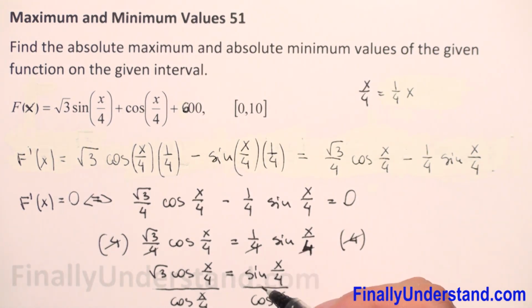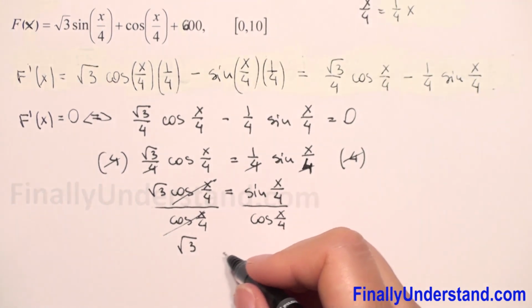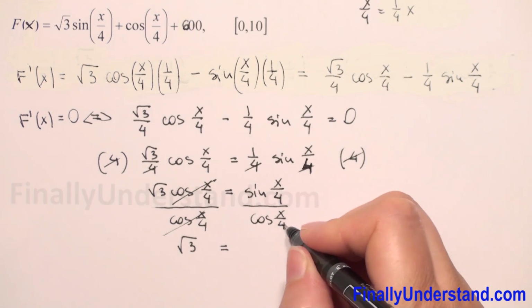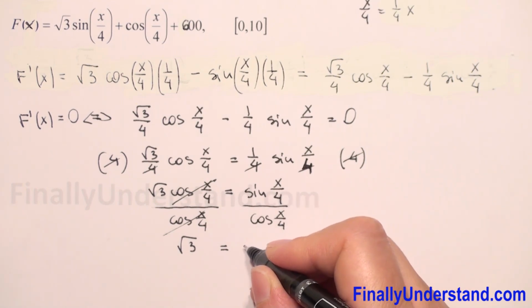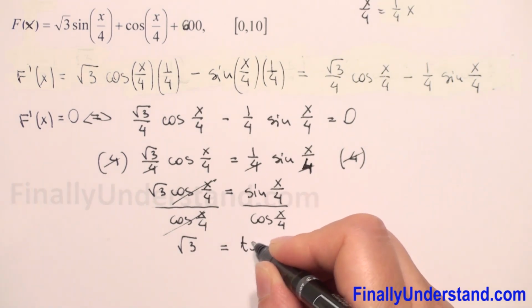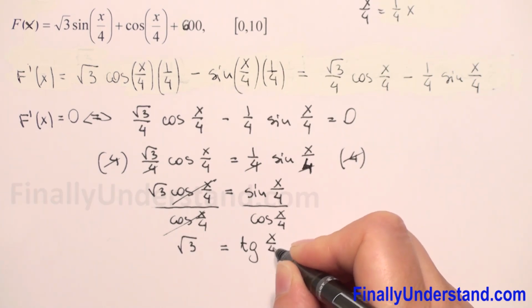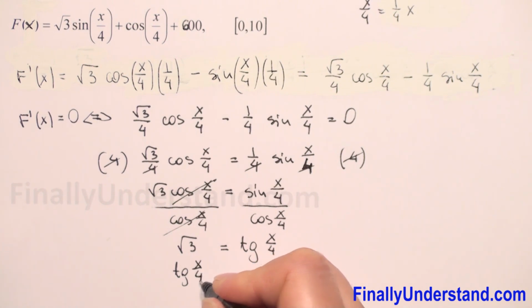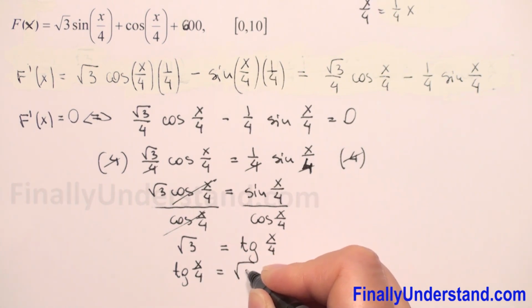So the cosine we can reduce, and we have square root of 3 equal to sine over cosine of x over 4, so this is tangent x over 4. Let me rewrite this: tangent x over 4 is equal to square root of 3.